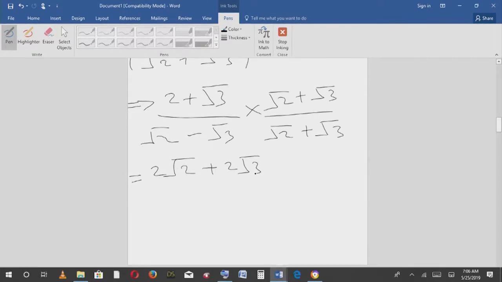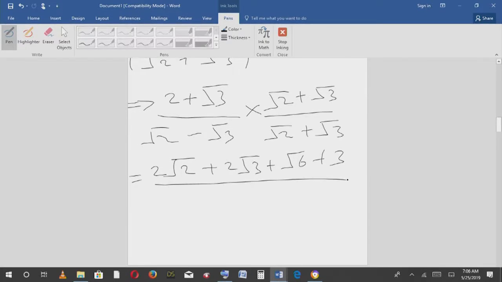Plus again, root 3 multiplied by root 2 gives us root 6, since 2 times 3 is 6. And then root 3 multiplied by root 3 gives us 3.